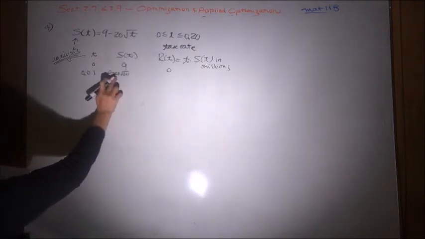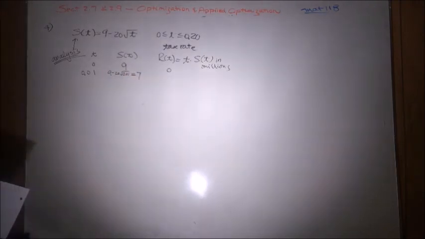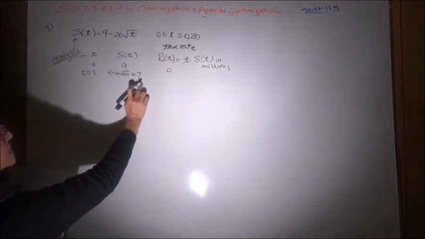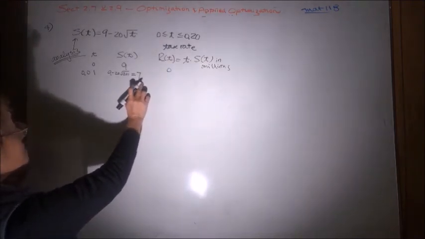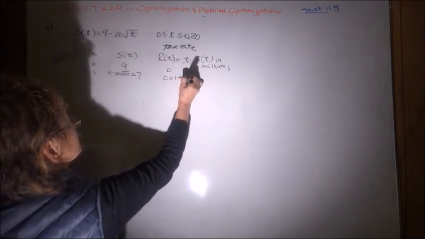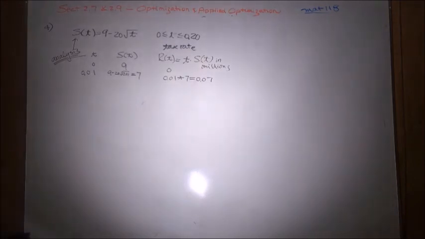That's 0.1. 20 times 0.1 is 2. That would be 7, right? Then what's the revenue? So $7 million in sales, then the revenue would be what? 0.01 times 7, then 0.07 million, right?